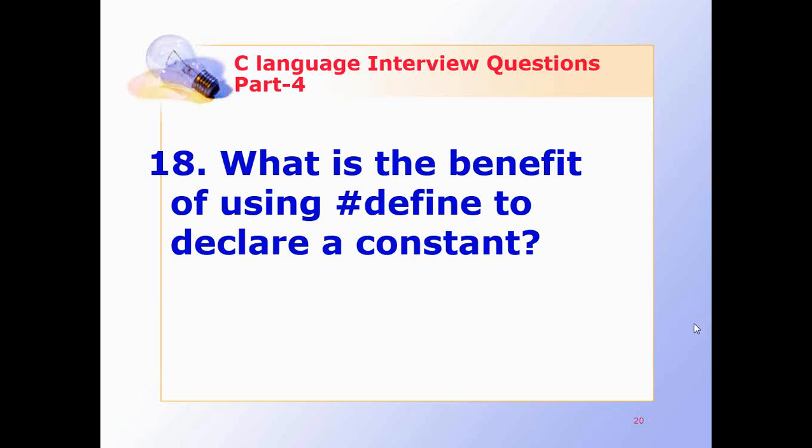Constants defined in this manner are simply placed directly into your source code with no variable space allocated in memory. Unfortunately, this is one reason why most debuggers cannot inspect the constants created using the #define method.